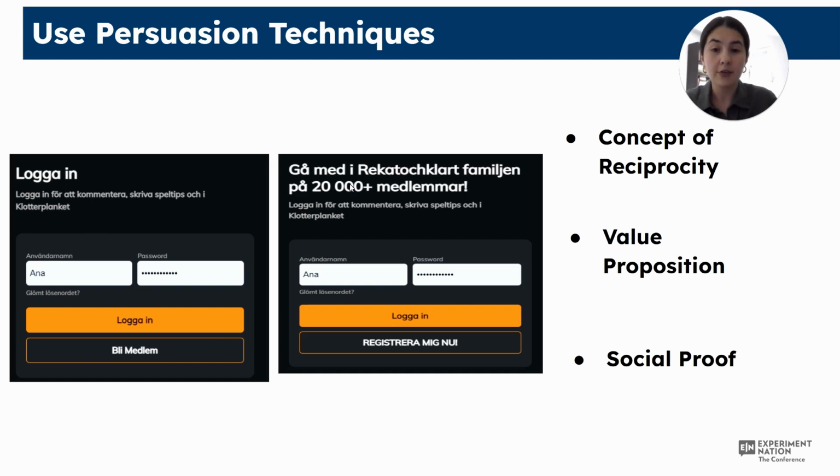And in the after version, in the tested version, we expanded this value proposition to say, join our family of more than 20,000 members. And this resulted in a 123% increase in subscribers, which was amazing.